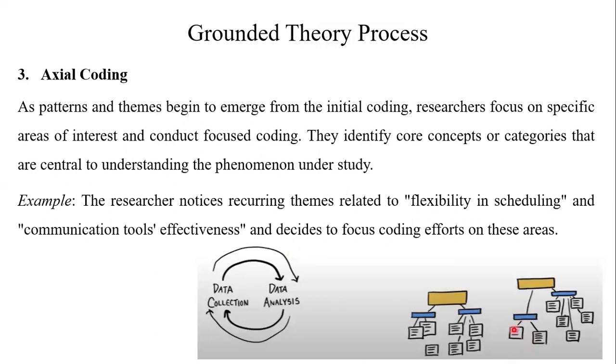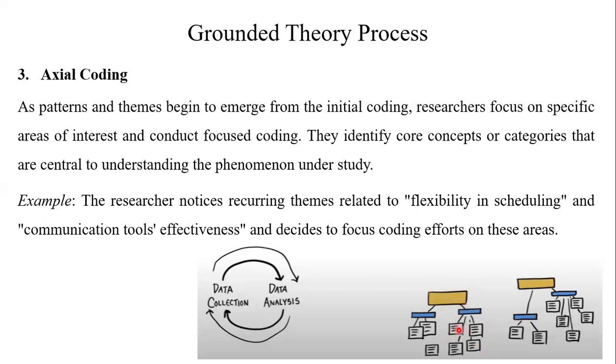So this is how you will try to generate the axial codes. Here you can see there are some initial codes, and you have categorized these codes in similar categories. Like you have seen here, the blue bars are basically axial coding, which combines your initial codes into categories.